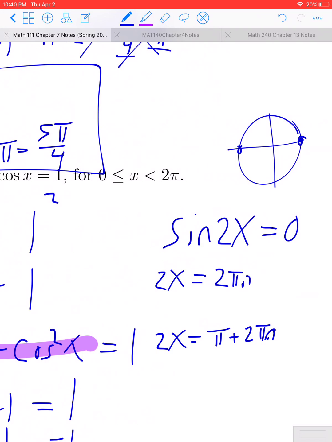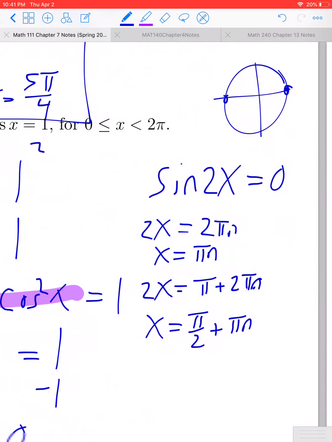Go ahead and solve each of these for x. Divide by 2. We get x is going to be equal to pi n. Here, divide both sides by 2. We get x equals pi over 2 plus pi n.